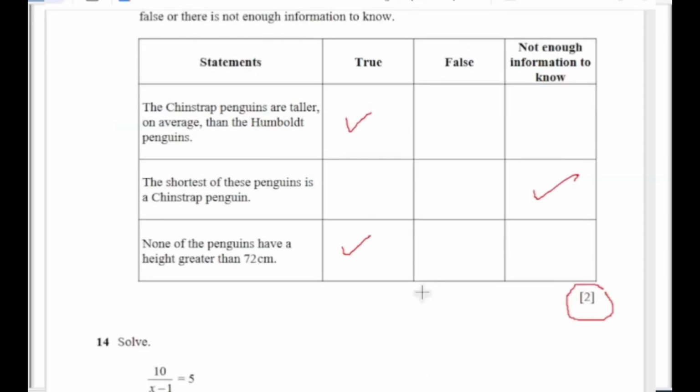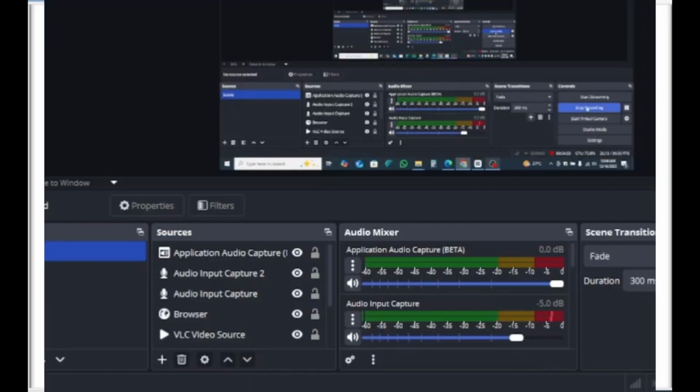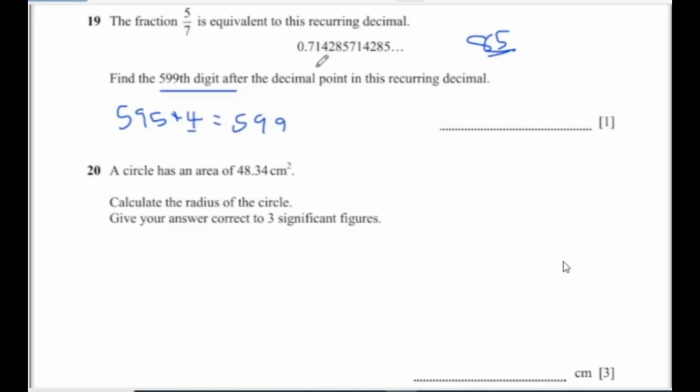Let's say by the 85th multiple we are here, so we count 1, 2, 3, 4. So that digit must be 8. The digit must be 8 because after the 85th multiple of 7, which is 595, we will be at 5. So if we start counting 1, it will be at 7. If we start counting 1, 2, 3, 4, which is the extra 4, the remainder to get to 599, that will give us 8 as the digit.